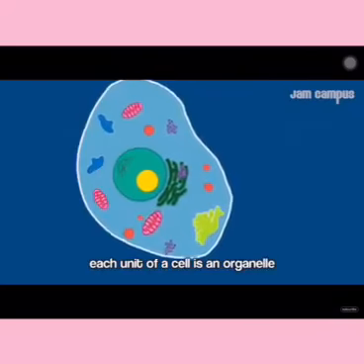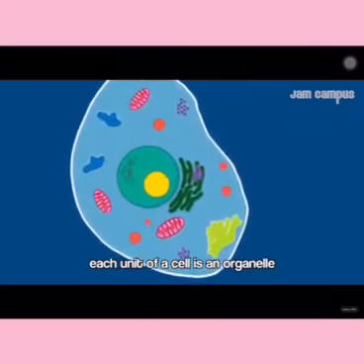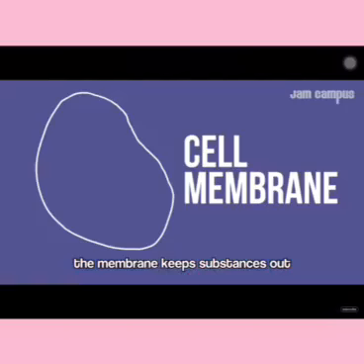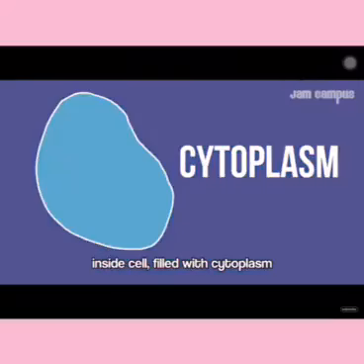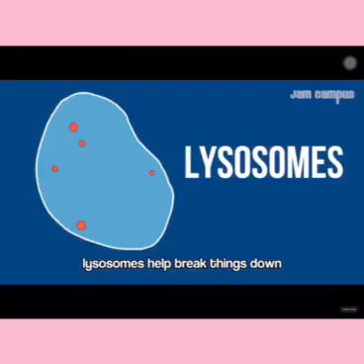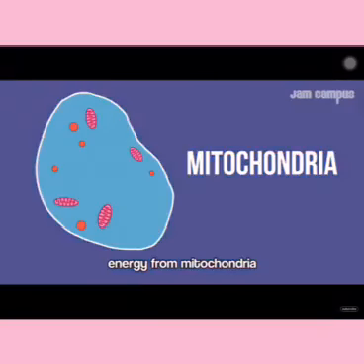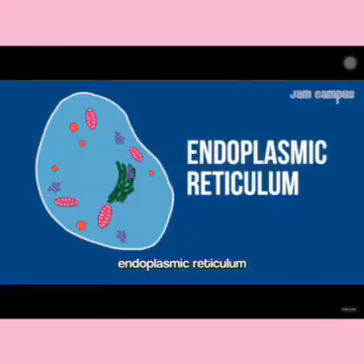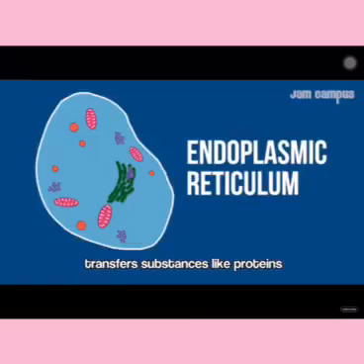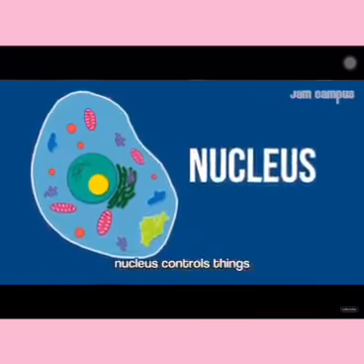Each unit of a cell is an organelle. The membrane keeps substances inside, the cell filled with cytoplasm. Lysosomes help break things down, energy from mitochondria, protein factories, ribosomes, endoplasmic reticulum, transfer substances like proteins, nucleus controls this.